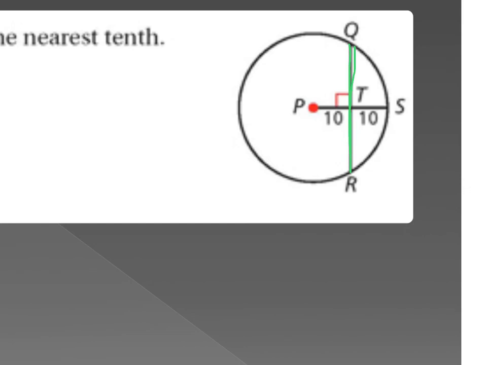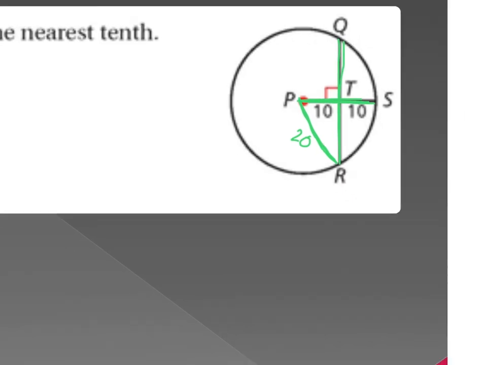So we know that this PS is our radius. What we can do here is draw another radius at PR. So our radius here is 10 plus 10, so it's 20. So this length here is going to be 20, because all of our radii are going to have the same length.